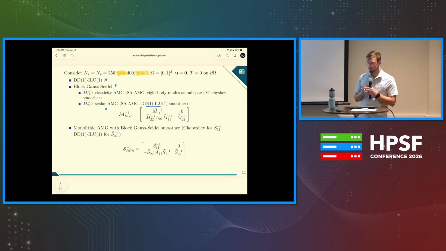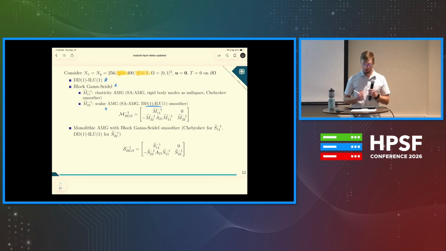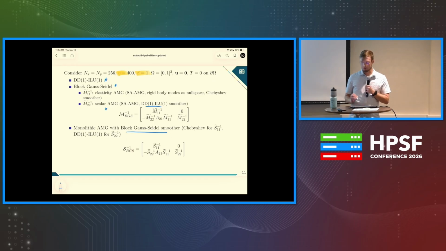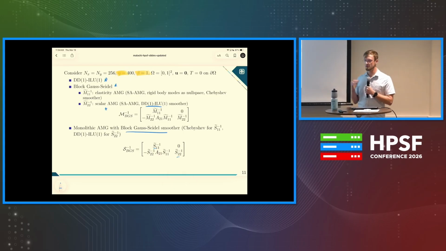And for that, I'll actually use DDILU with fill and overlap equal to 1 as a smoother in this case. And then lastly, I'll consider a monolithic AMG approach, but I'll use a block Gauss-Seidel preconditioner, where I use Chebyshev for the elasticity part and DDILU for the temperature part.